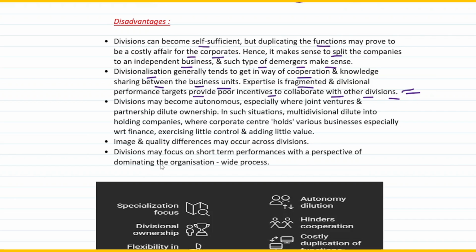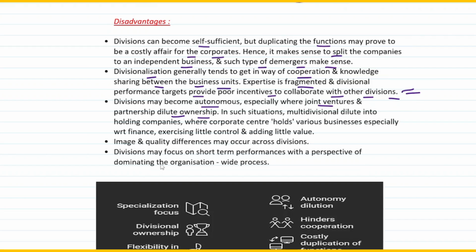Fine. Divisions may become autonomous. Autonomous means they will have control. They can have a lot of control over their own division, especially where joint ventures and partnerships dilute ownership. Where the partnerships and joint ventures give up on their ownership, their autonomy can come in.